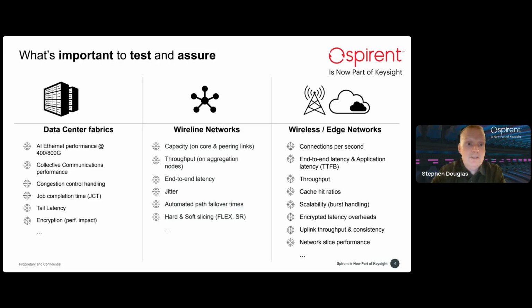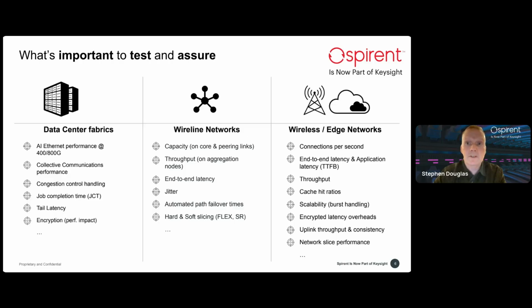Measuring things like job completion time and tail latency reveals the real business impacts, since overall progress in the training is gated by the slowest GPU worker in that sync cycle. And finally, don't forget to test encryption. Encryption performance is essential as east-west traffic is increasingly being secured, and you need to make sure that those cryptography overheads do not erode the effective bandwidth or extend the training and inferencing times.